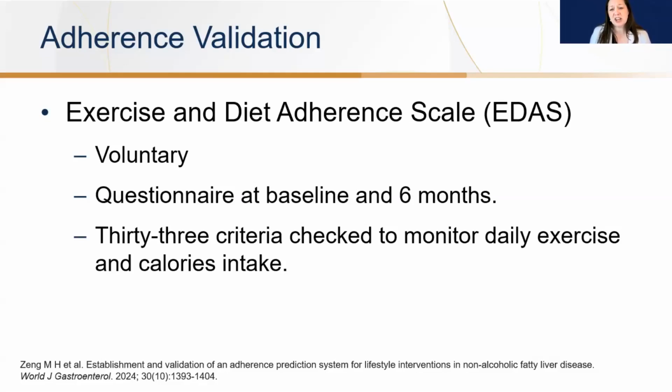It has 33 criteria to monitor daily exercise and calorie intake. So it's pretty extensive, but again, it's voluntary. In a situation like this, it might be the tool that Albert needs to help motivate him, because he can see his own scoring from the beginning and after he's slowly made changes over time.